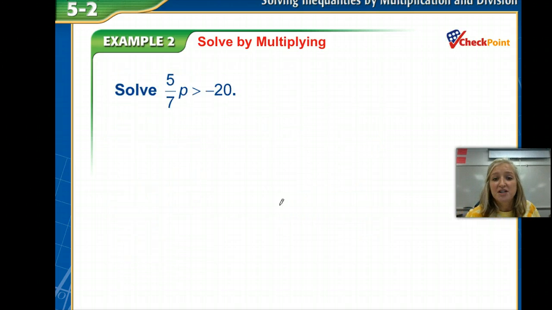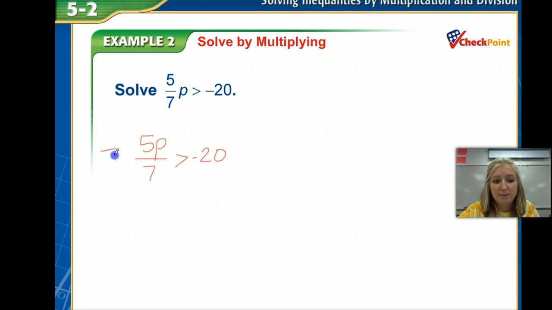So here we're at a checkpoint if you want to pause the video and try this one yourself. And we will come back together to see if you got the same answer as I did. All right. Again, I'm going to rewrite it as 5p on the top and 7 on the bottom is greater than negative 20.